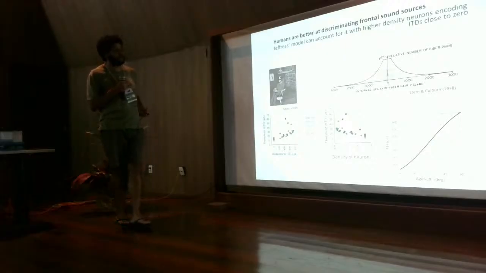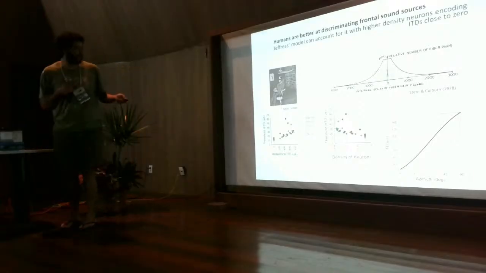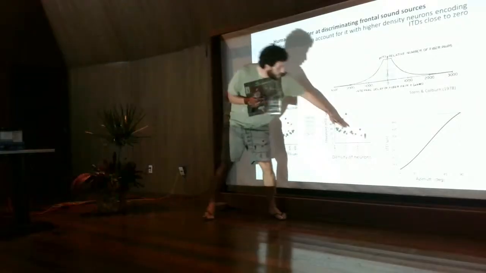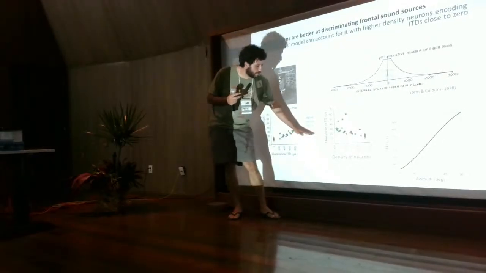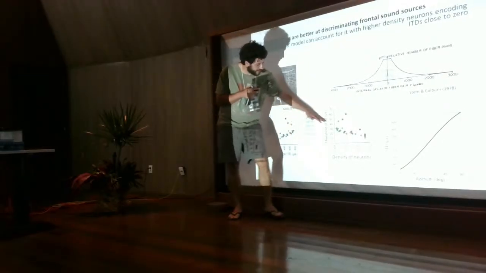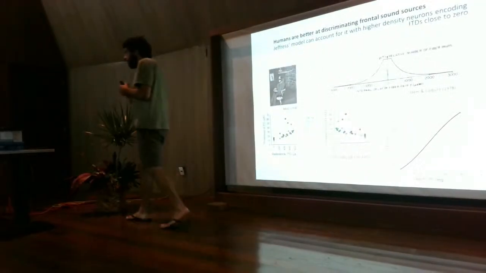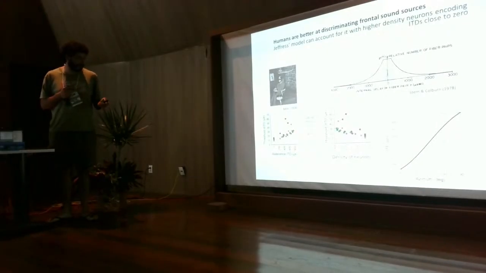The model was not created exactly for this, but if you take this density of neurons as proposed by the model as a function of the threshold ITDs, you see there is a monotonic function, especially at lower frequencies. If you exclude the high frequencies, you have something monotonic, right? With more density of neurons, you see a lower threshold, right?